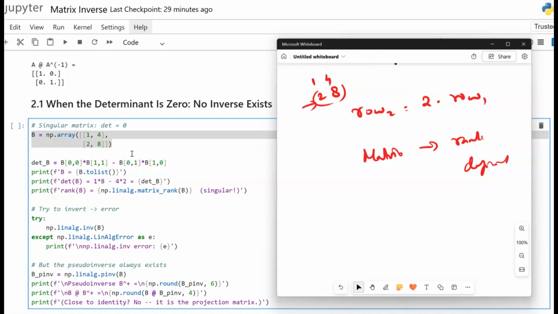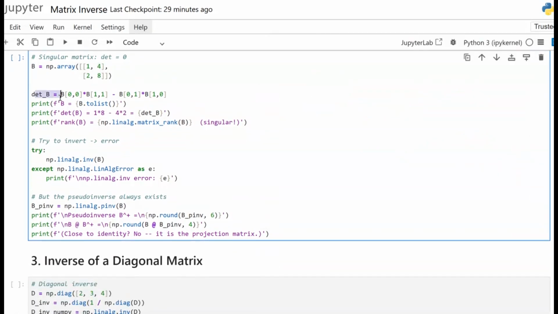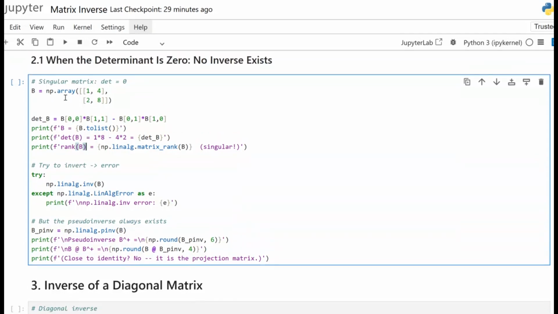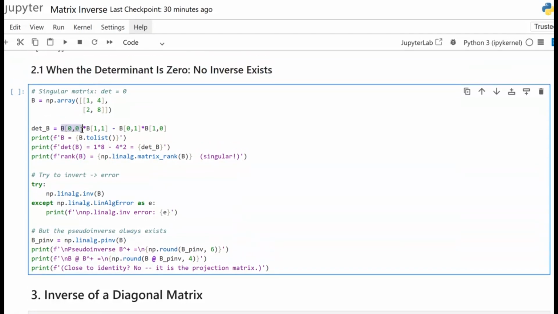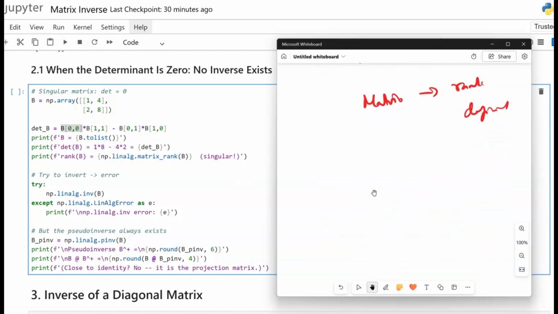Now let me define the exact determinant of B. Kindly observe, dear friends, here our value is B of 0 comma 0 times B of 1 comma 1 minus B of 0 comma 1 times B of 1 comma 0. So let me assign the exact values, and here our B is 1, 4, 2 and 8.